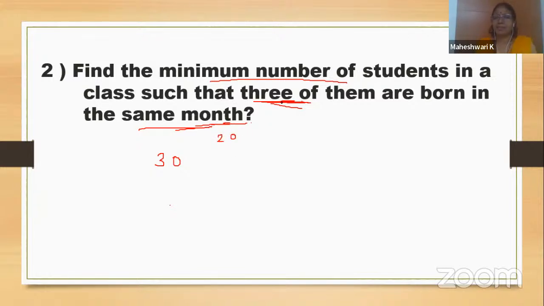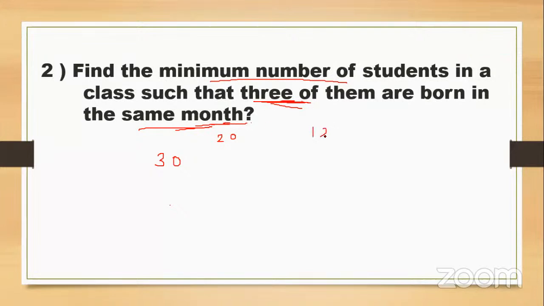There are 12 months in a year, so you'd need 36 plus 1, 37. But we're talking about the minimum number of students, so that we have at least 3 people born in the same month.